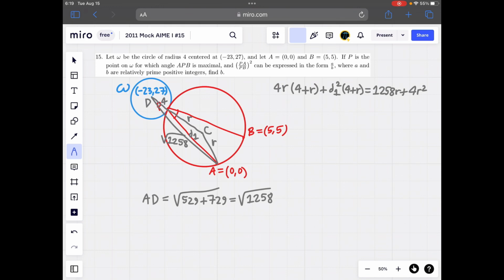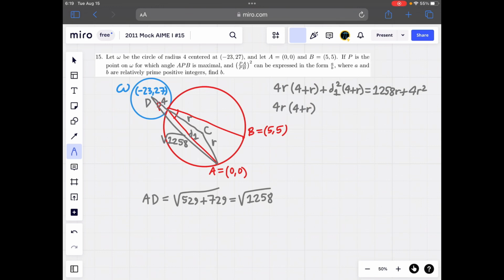So both the left-hand terms have 4 plus R in them, which means we might want to break the right side down into some term that has a factor of 4 plus R in it and another one that doesn't. So we know that 16R plus 4R squared is just 4 plus R times 4R.